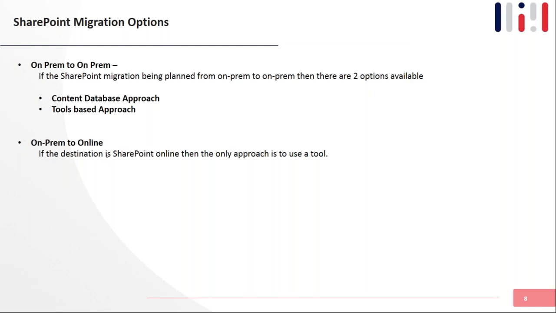The example I just gave was if I'm moving from 2007 to 2013, then I need to have a stop at 2010, repeat all the approaches, and then move to 2013. Or I could take a tools-based approach, where I can take a third-party tool out of the market and start migration in phases. But for on-premise to online, there's only one option, that we need to use a tool. It could be Microsoft's inbuilt tool or any third-party tool for that matter.